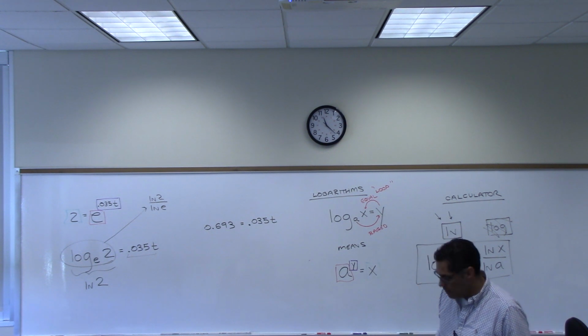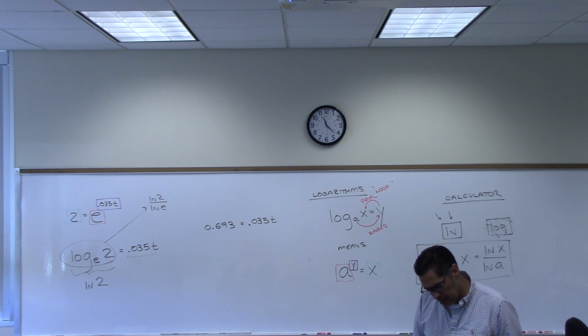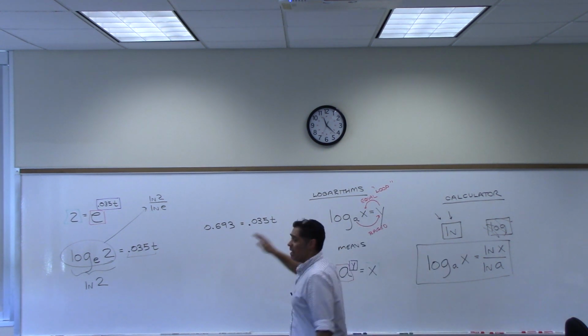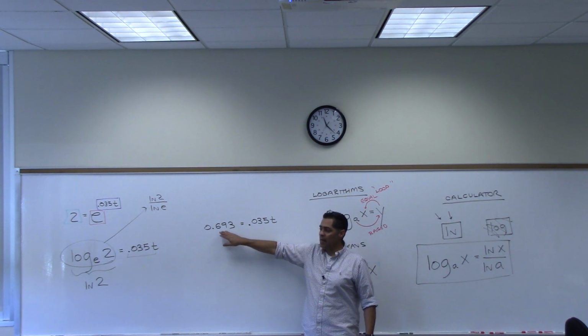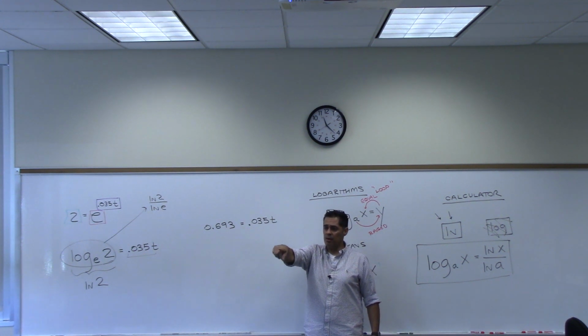Natural log of 2, divided by natural log, now you have to put e in there. Just put 1 for that power. Close it. There you go. Anybody else need help getting this side? Everyone good?